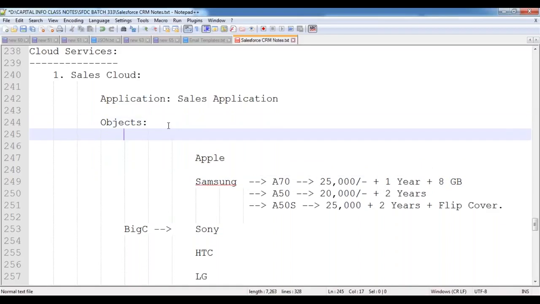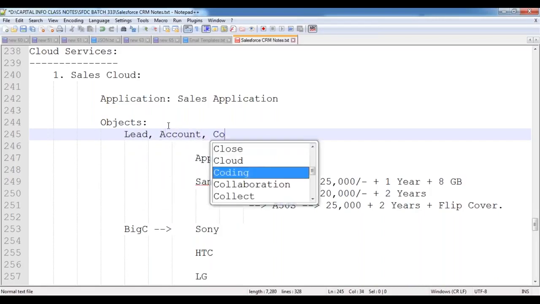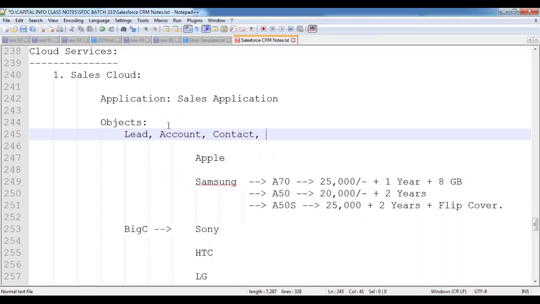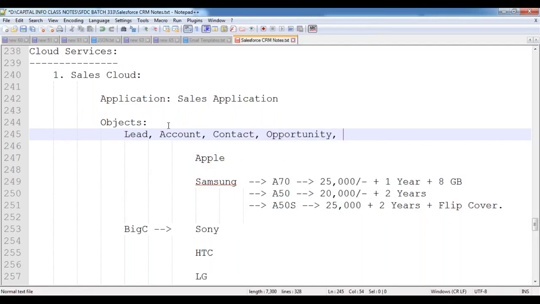Like we are using the lead object, the account object, the contact object, the opportunity object. We are using the product object, because to store all the products information, we are using the product object. To store each and every product price, we are using an object called the price book object.